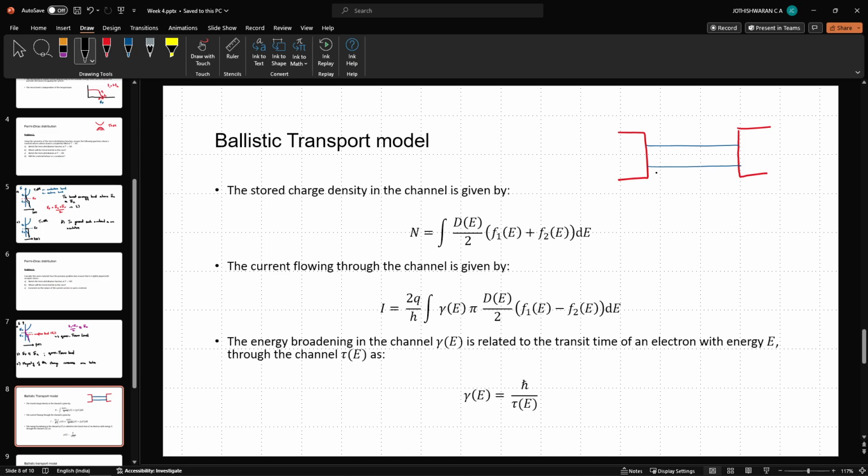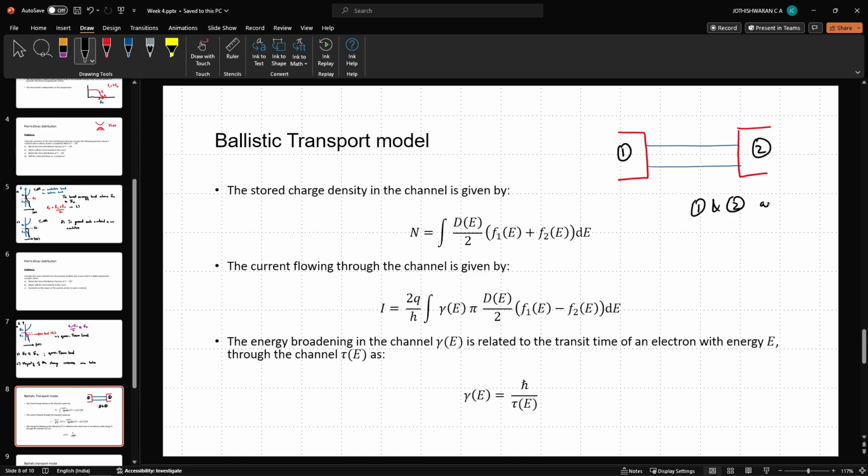But right now we need not think about them as source or drain. We will call this material 1, this is material 2. They may be the same material, they may not be the same material, and then we have a channel. Now what we are going to see here is this channel is no longer. So let me start listing the assumptions. So the first assumption is 1 and 2 are not or, it's R.